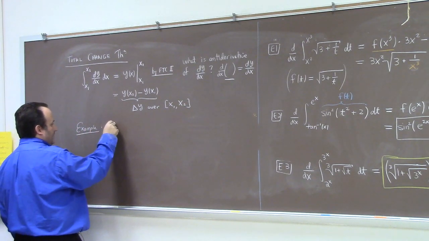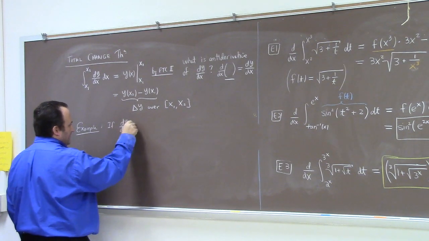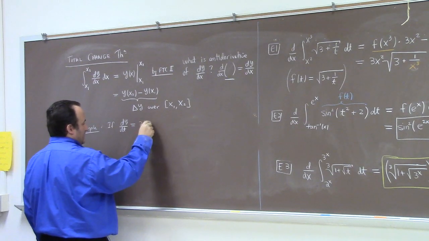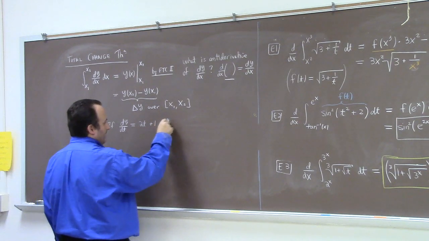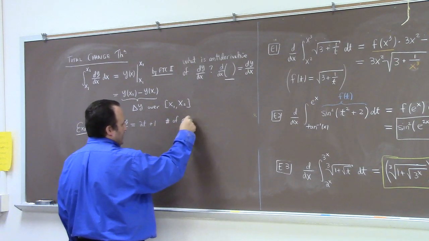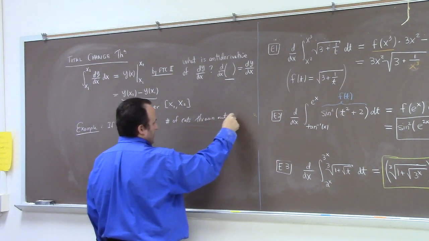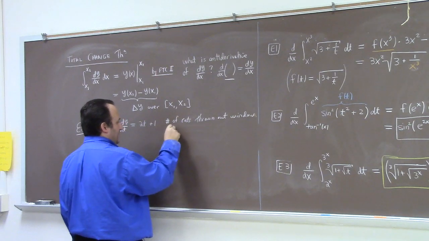If dy dt equals 2t plus 1 is the number of cats thrown out the window per unit time.